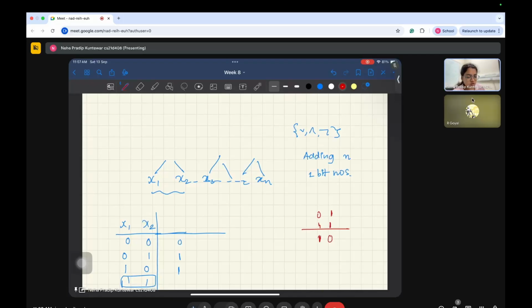This is 2 in binary. So we'll do the same thing. We will introduce one more variable which says the carry forward. In this case the carry is 0. In this case carry is 1, and the least significant bit is 0. So that means you will get 2 bits after you sum up.